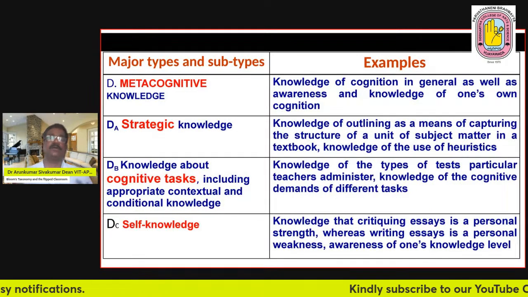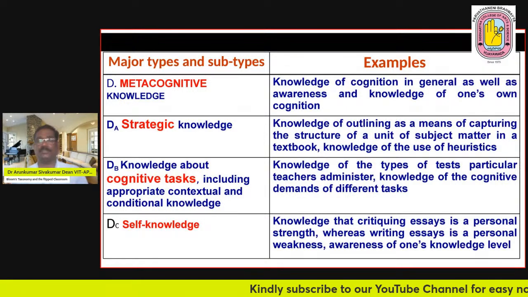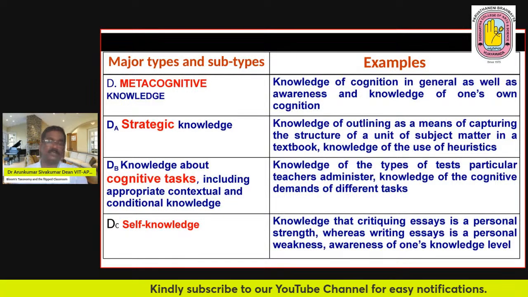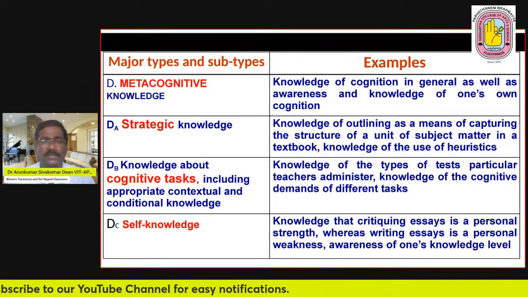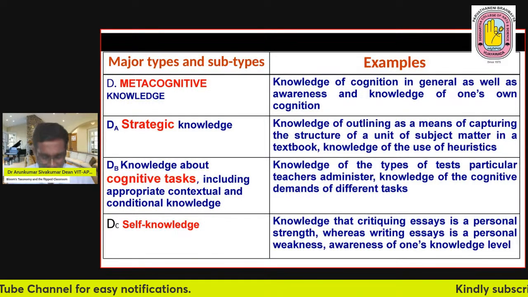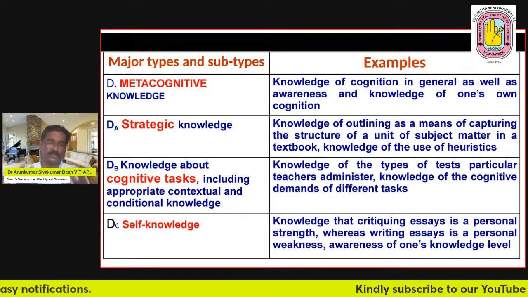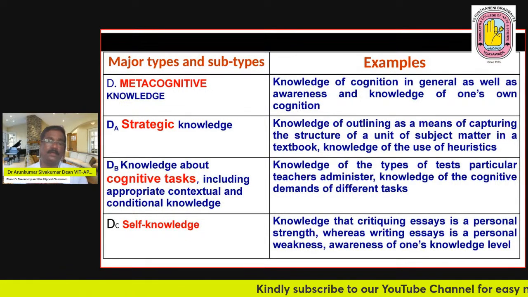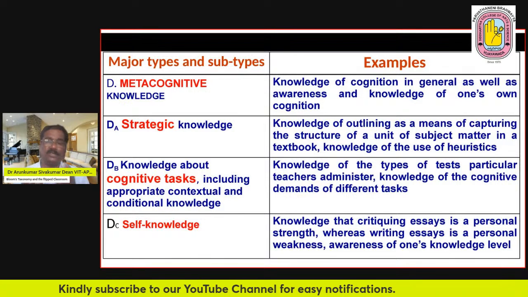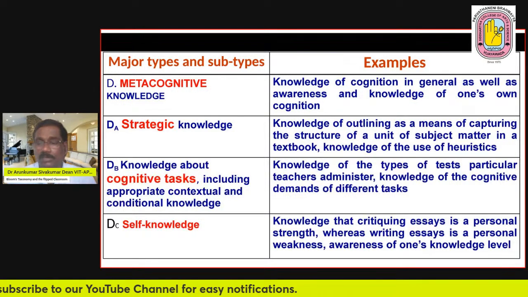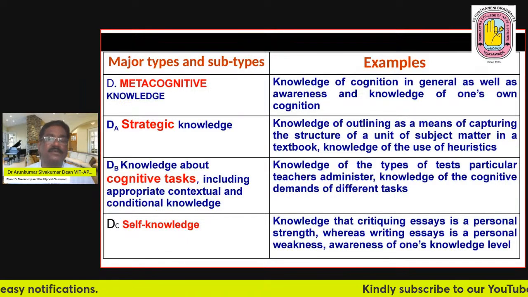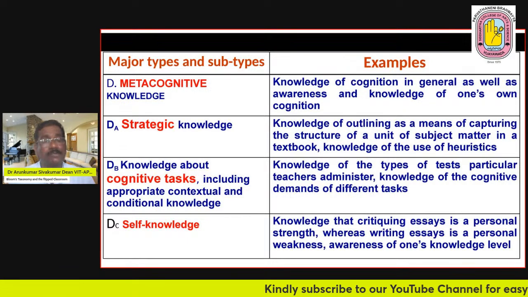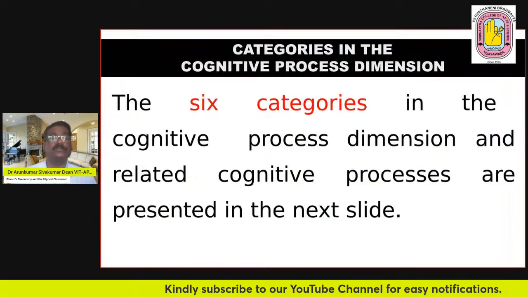Next one is metacognitive knowledge: strategic knowledge, cognitive tasks, and self-knowledge, such as critiquing an essay, personal strengths. You do a lot of critiquing and try to gain this knowledge. This knowledge is a superb knowledge. And when you look at the cognitive task, including appropriate contextual and conditional knowledge, this is where, as a teacher, as a facilitator, you have to move forward to provide them metacognitive knowledge.